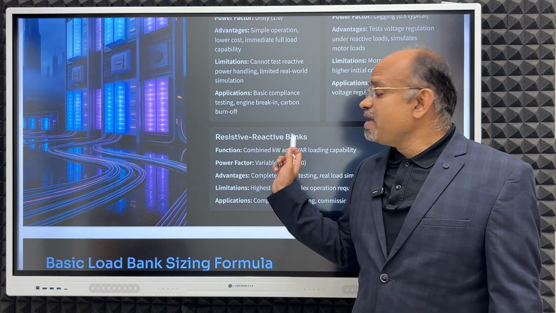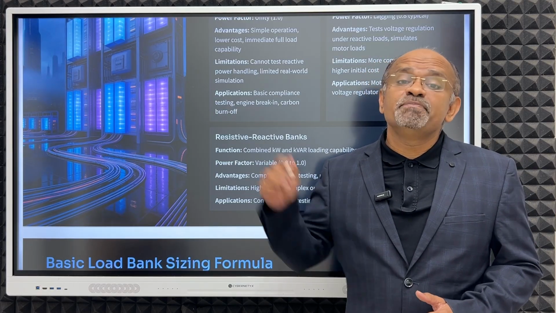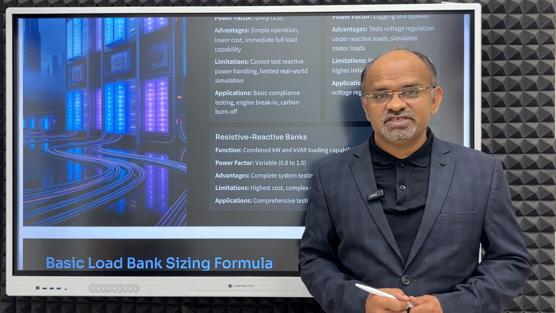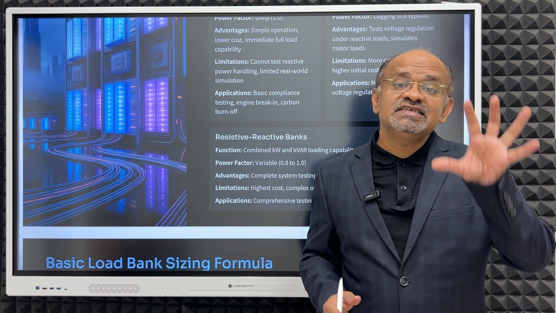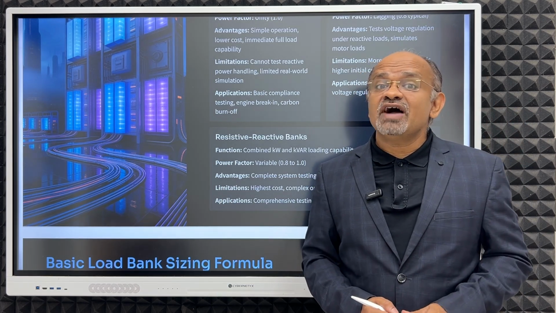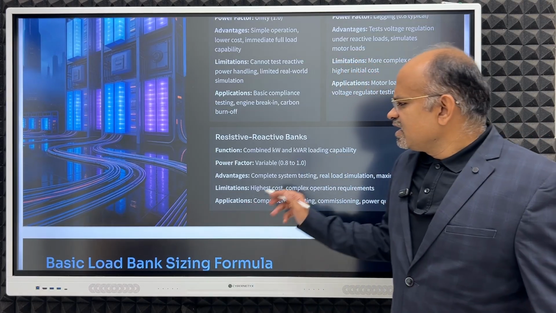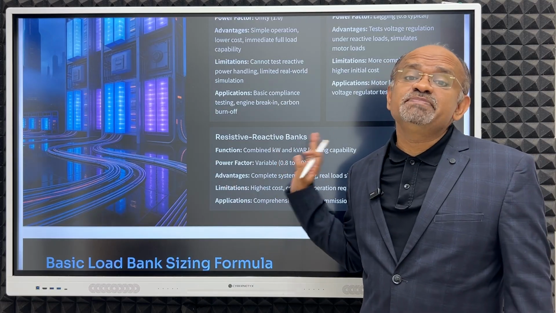If you buy this bank, it will be advantageous over your competition because you have real load simulation. You can convince your client of this advantage and you have an added advantage. So real life scenario simulation can be done because of this bank.